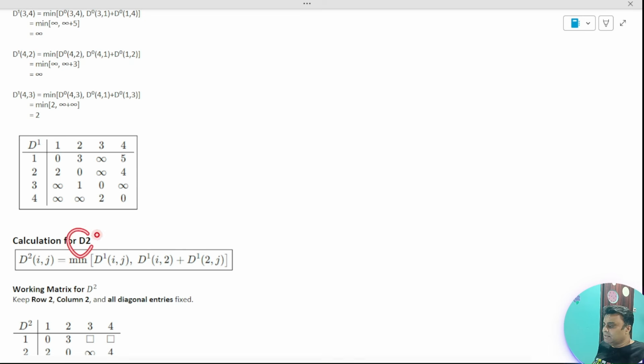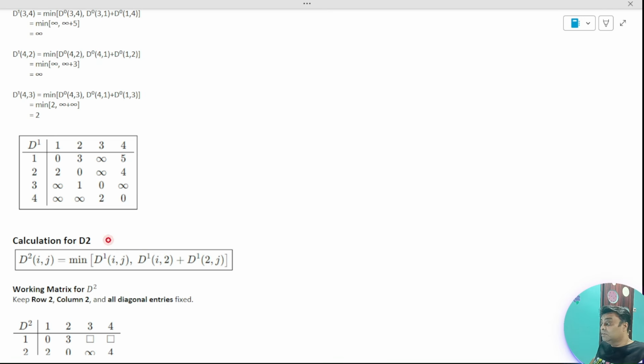Now the next thing for D2, same thing we'll do. The formula is the same. D2ij, everything will be calculated from D1, and this will be copy pasted here, only D1 will change, and you will say Di2 and D2j, right? So that's what this formula says.